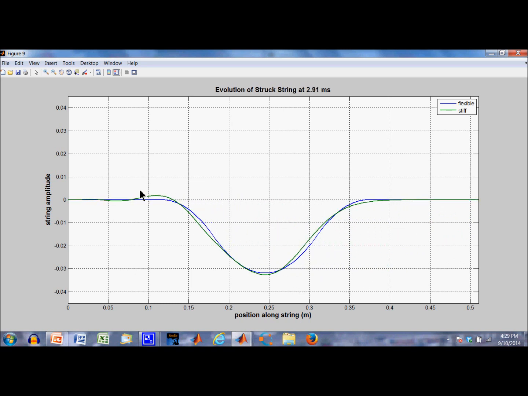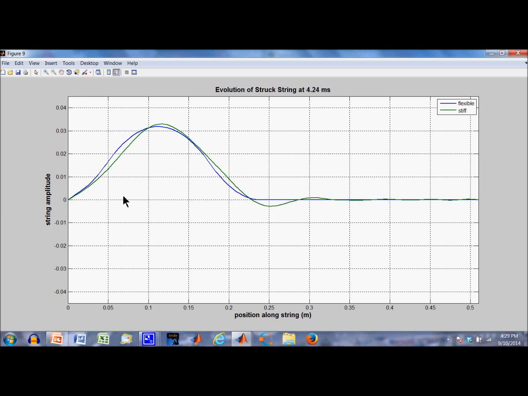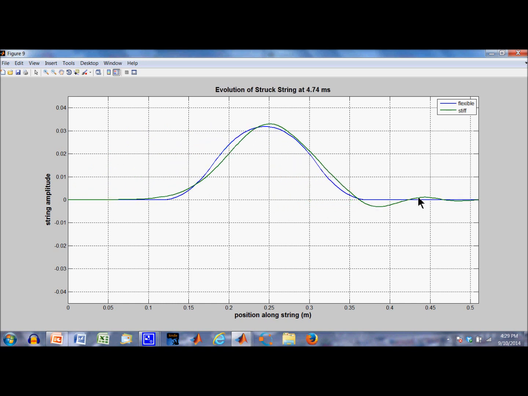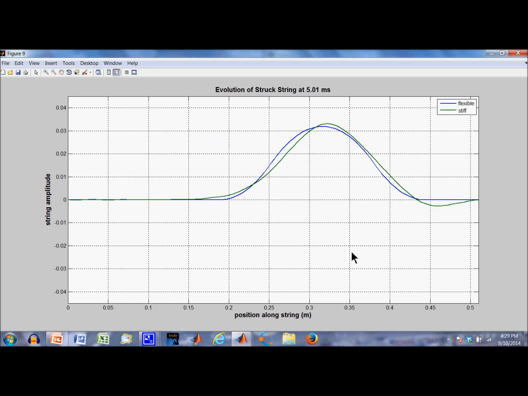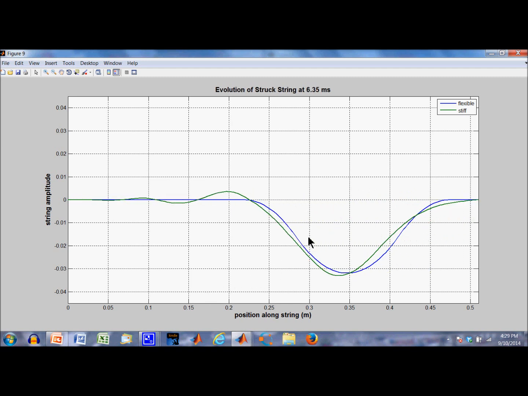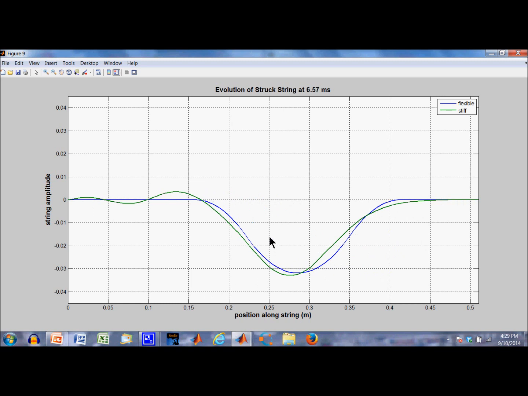Propagates along here. We have a little underdamped characteristic here for the stiff string. Another reflection. And there's more separation, and we have another little underdamped characteristic here. Another reflection. You can see there's more and more separation between the stiff and the flexible string.